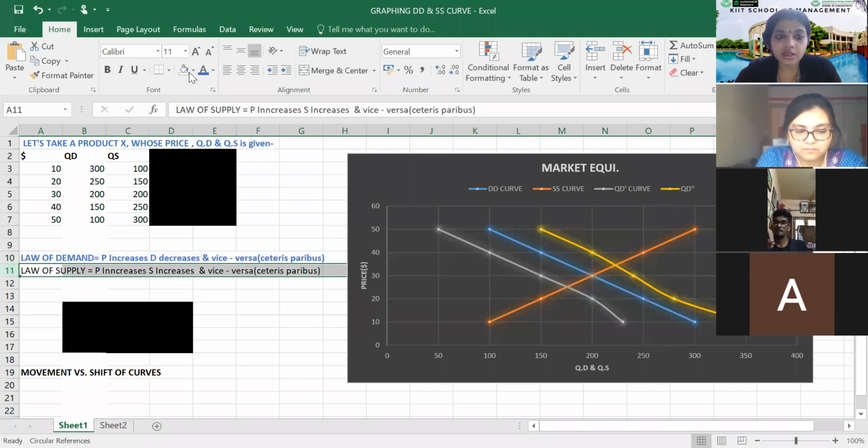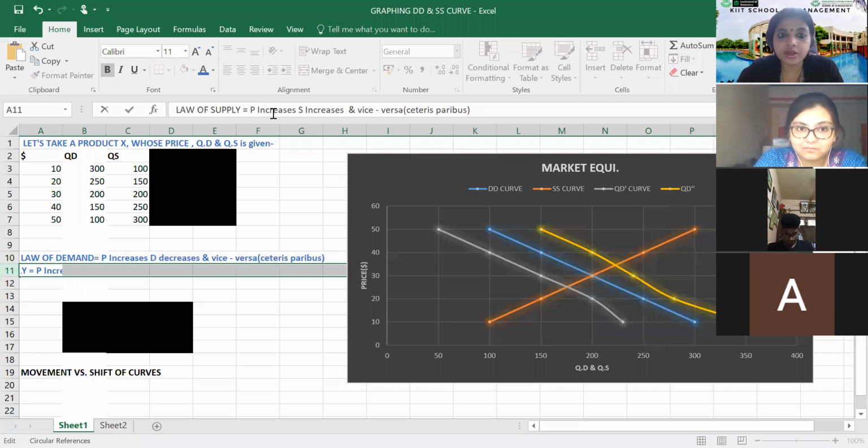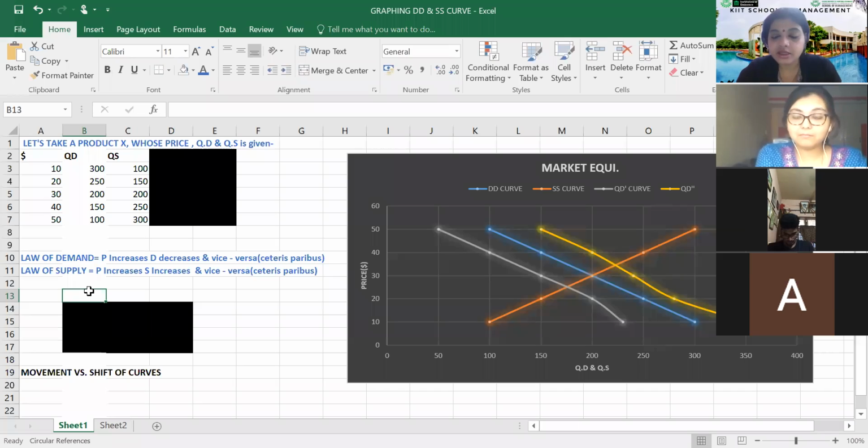Similarly, the other case, which is your law of supply, clearly states that whenever price increases, supply has a tendency to increase, and whenever price decreases, supply has a tendency to decrease. So this is the condition of the law of supply. Why is it so?